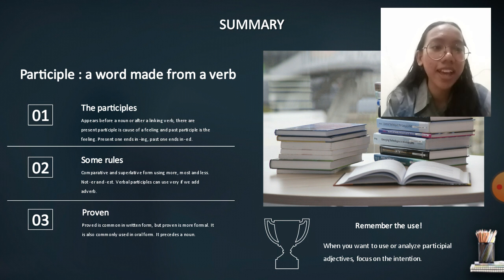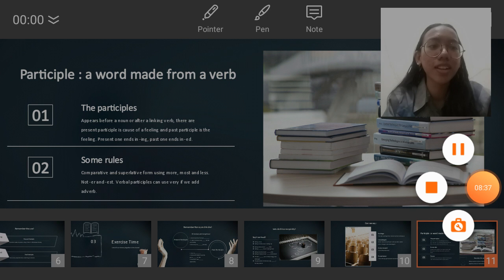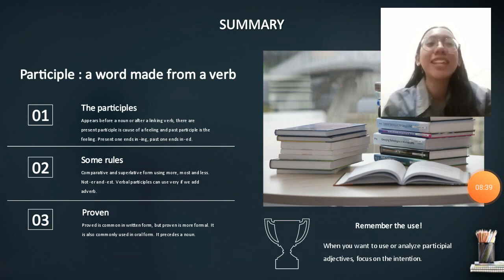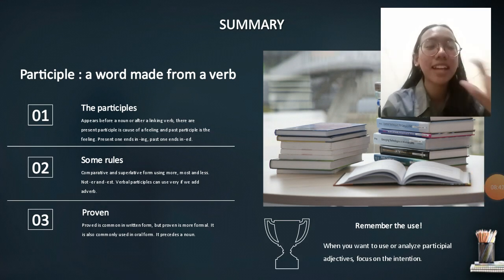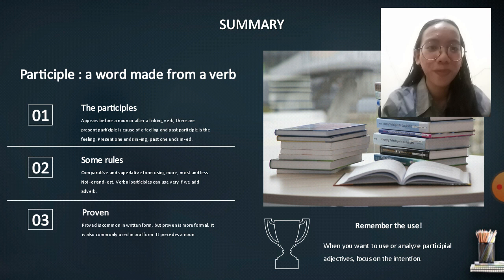Actually, we can't say a very escaped prisoner, but we can say a very newly escaped prisoner. We can add an adverb, but without an adverb we cannot use very with verbal participles.